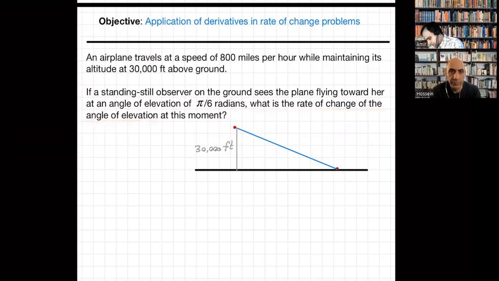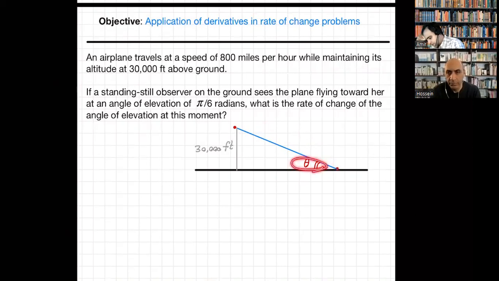The angle of elevation is this angle. I call it theta. As the plane moves, for example, here, this is going to be the new theta. When the plane is here, this is going to be theta.